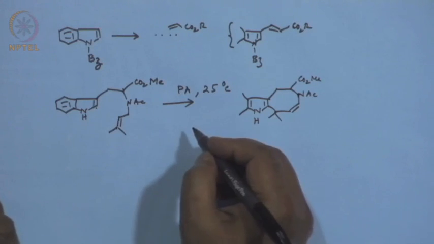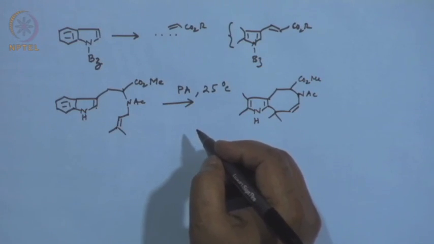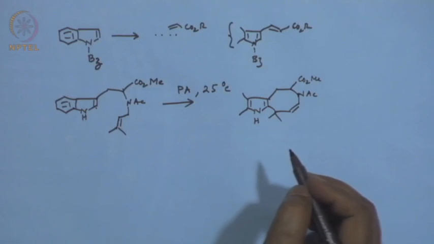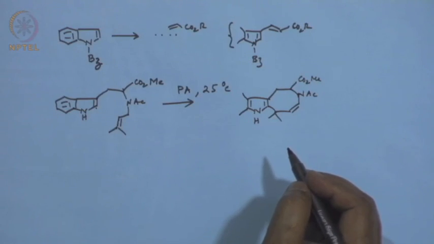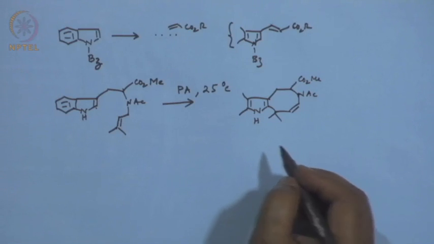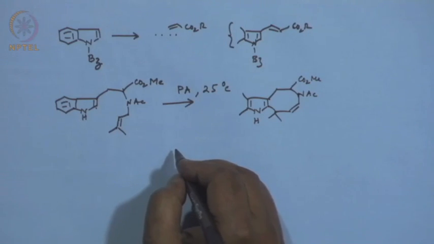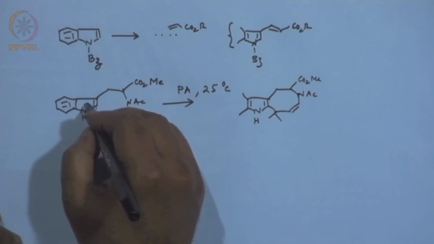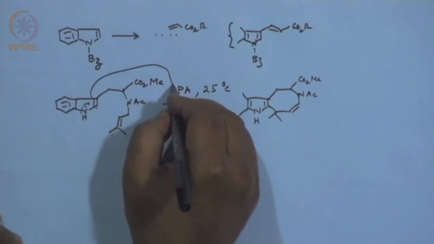So, what could be the mechanism? Palladium acetate is an electrophile. So, if you have palladium acetate, it will go to the palladium.